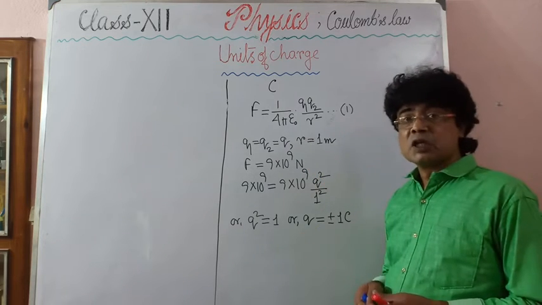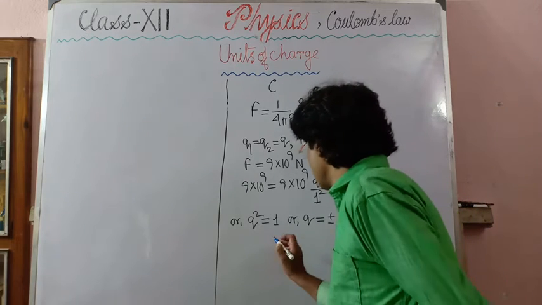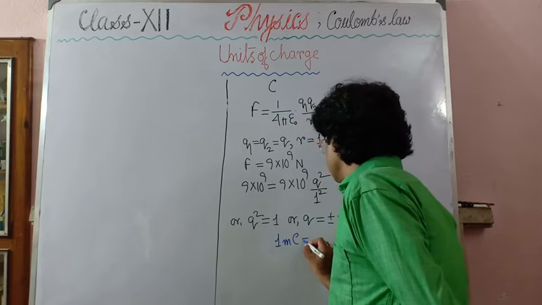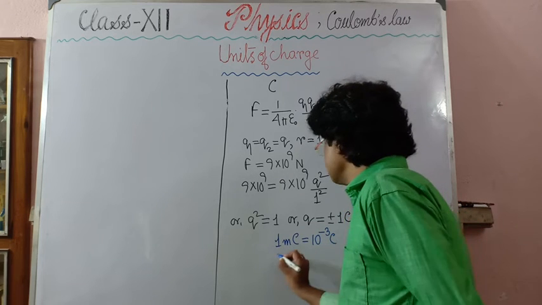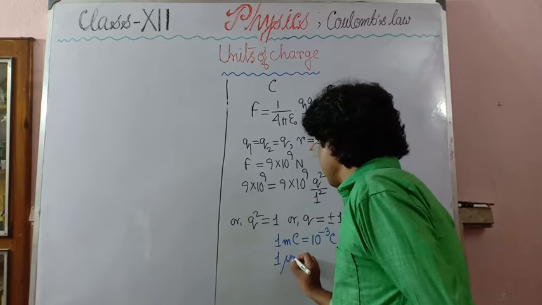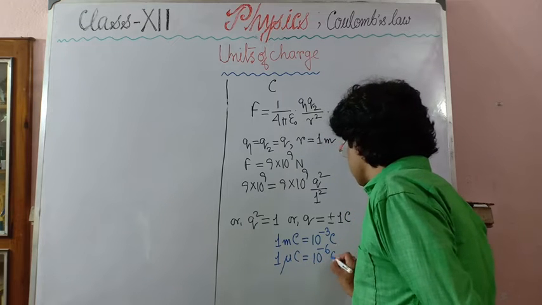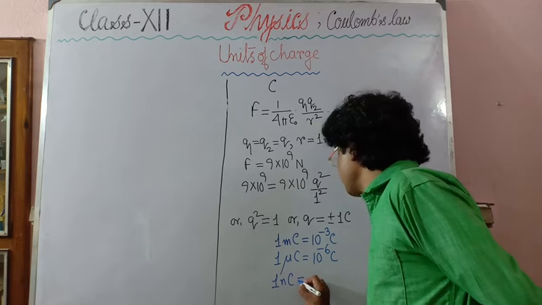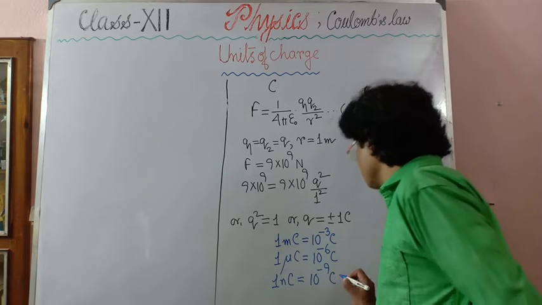Some smaller units of charge are: 1 millicoulomb equals 10 to the power minus 3 coulomb, 1 microcoulomb equals 10 to the power minus 6 coulomb, 1 nanocoulomb equals 10 to the power minus 9 coulomb.